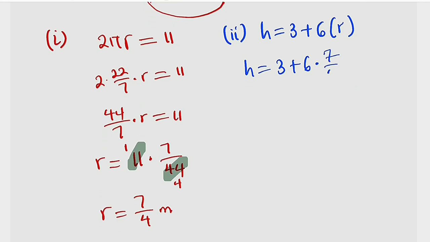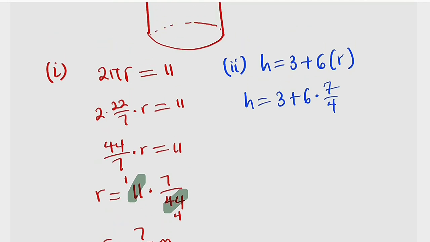7 divided by 4. Okay, let me make the cancellation here. I know that 2 can divide 4 exactly 2 times, and 2 can divide 6 exactly 3 times. So we say that h is equal to 3 plus 3 times 7 is 21, 21 divided by 2, right?